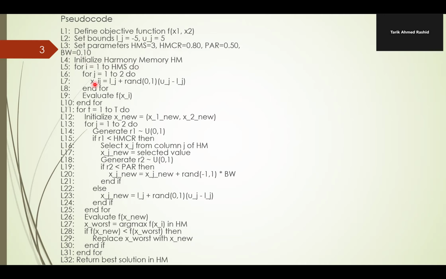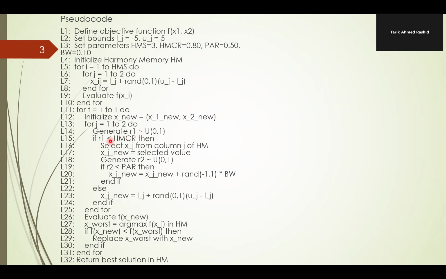Initialize harmony memory. This is how we initialize it, using the upper bound and lower bound and random values, and we evaluate each solution. Then in the for loop, we initialize the new x1 and x2. We go with j to 2 because we have two dimensions, and we generate r, a random value between 0 and 1.